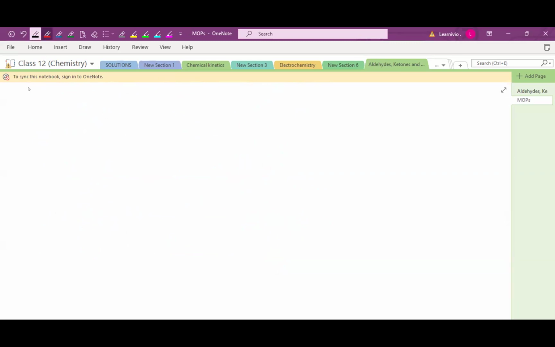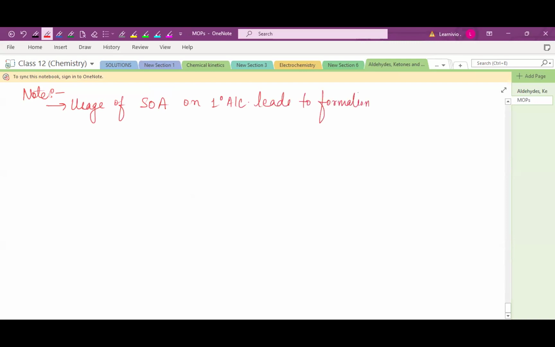So write down a note in the notes: usage of strong oxidizing agent on primary alcohol leads to formation of carboxylic acid.